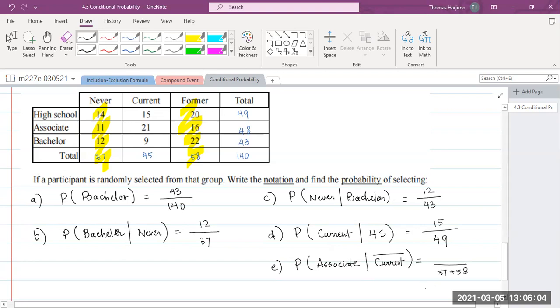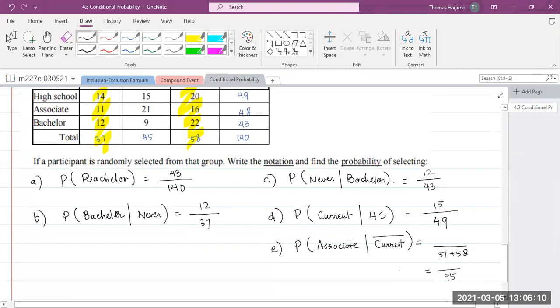Now of those 95 people, how many of them have associate degrees? (11 plus 16), right? 27 of them has associate degree. Of those currently not smoking, 27 of them has associate degree as their final education.